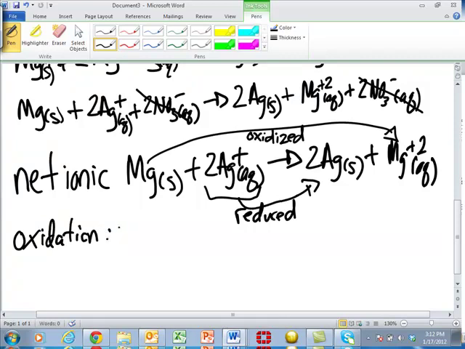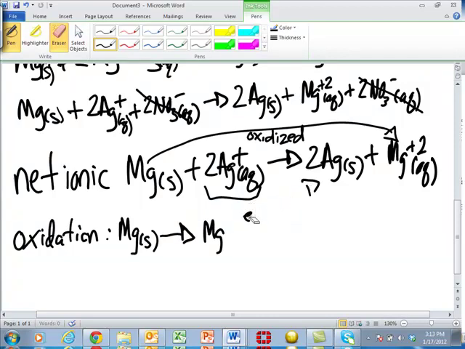So our oxidation half reaction is going to be solid magnesium, and we end up with a charge of +2 over here. So we have magnesium, magnesium +2. What did it have to get rid of to become a +2? 2 electrons.